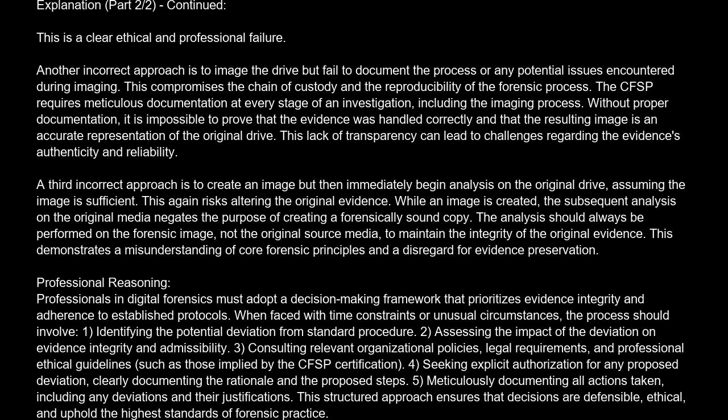Consulting relevant organizational policies, legal requirements, and professional ethical guidelines, such as those implied by the CFSP certification. 4. Seeking explicit authorization for any proposed deviation, clearly documenting the rationale and the proposed steps. 5. Meticulously documenting all actions taken, including any deviations and their justifications. This structured approach ensures that decisions are defensible, ethical, and uphold the highest standards of forensic practice.